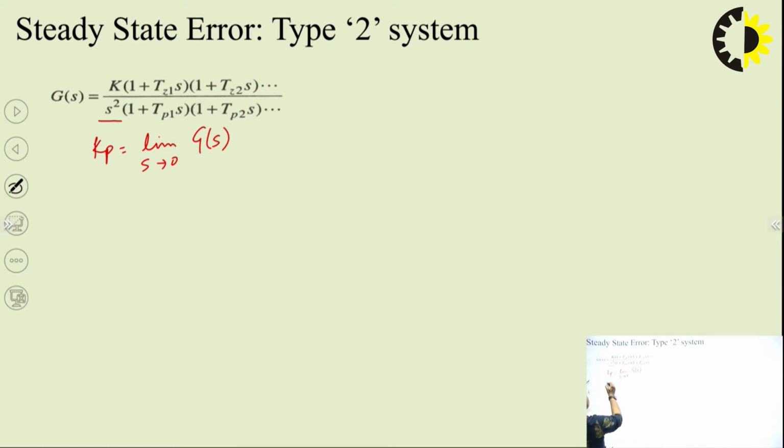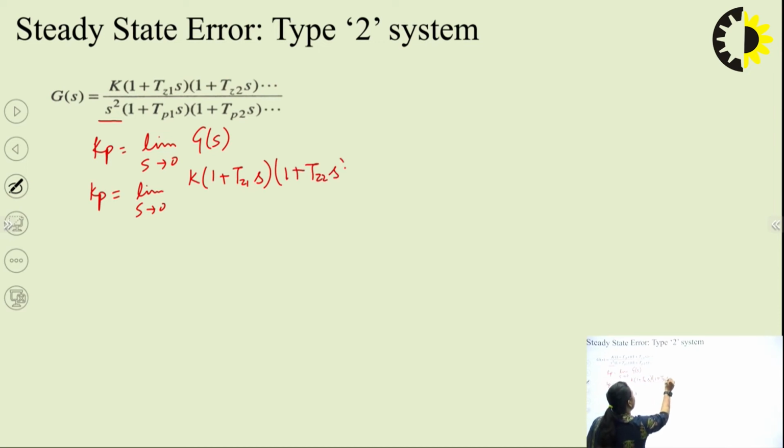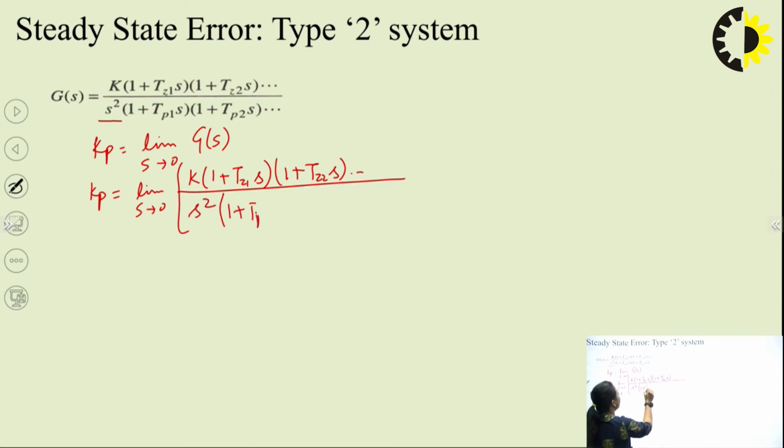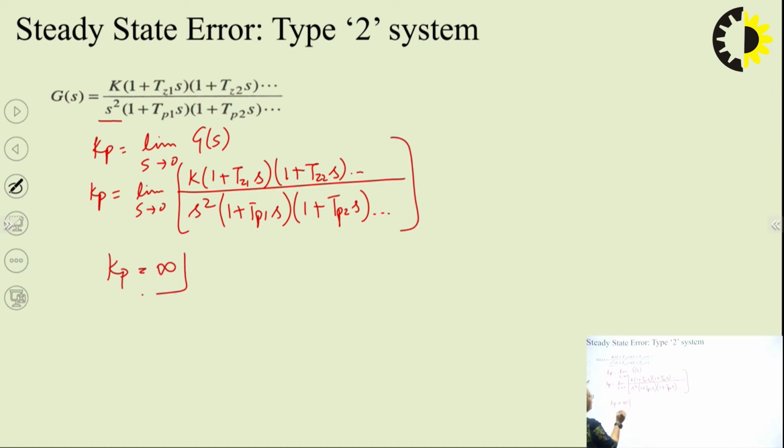So put the value of G(s) in this equation, limit s tends to 0, K into (1 plus Tz1 into s)(1 plus Tz2 into s) and so on, upon, here we are having s square in the denominator, because of which the value of Kp will become infinite. Okay.